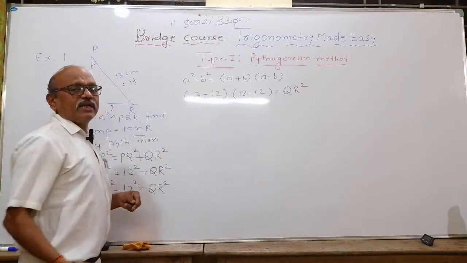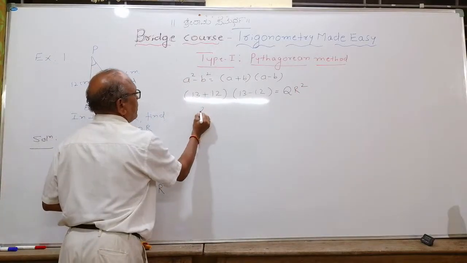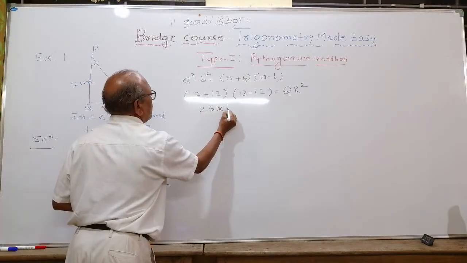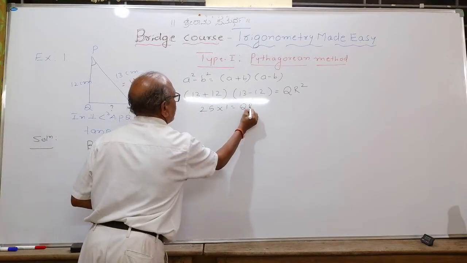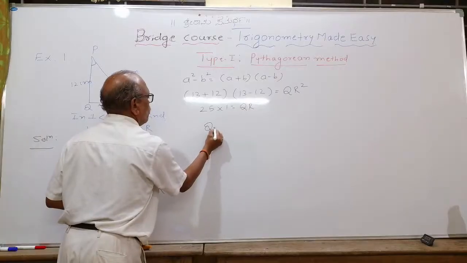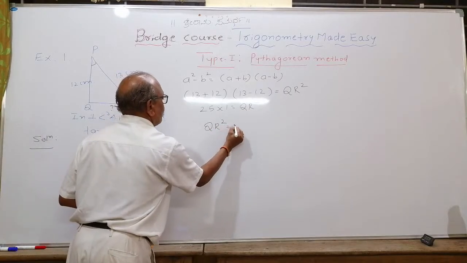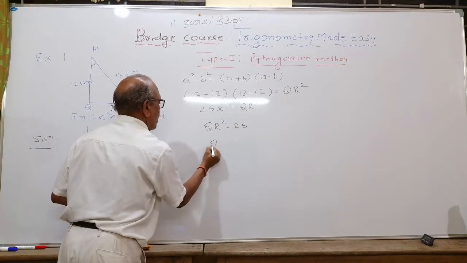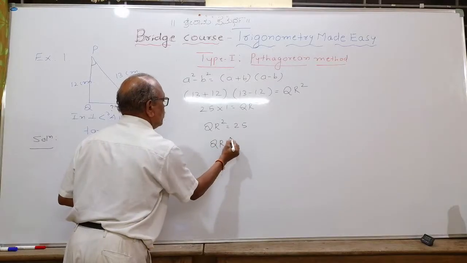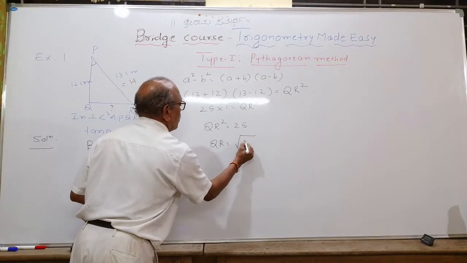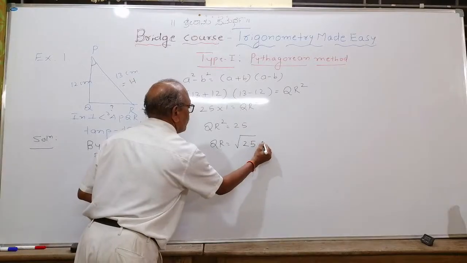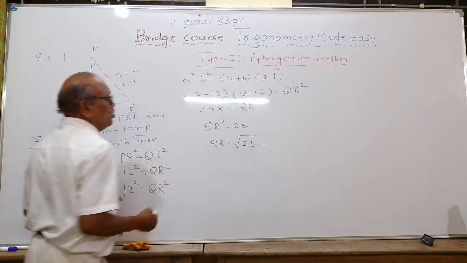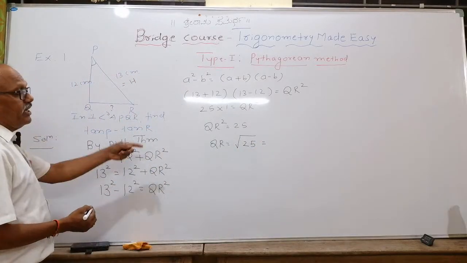13 plus 12 becomes 25, into 1 is equal to QR square. Right? Therefore, QR square is equal to 25. Then QR becomes the root of 25. You can take only the positive root. Why? Because a side cannot be negative.